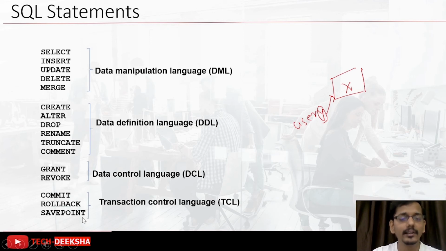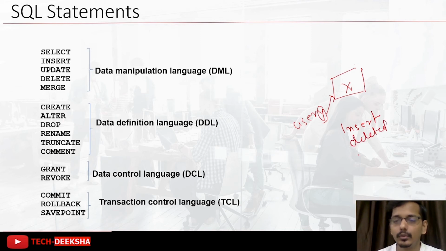And savepoint is used when you are performing DML operations and you want to split your entire transaction into different chunks. So you can create some savepoints. Let's say, for example, first you inserted something, and then you deleted something.